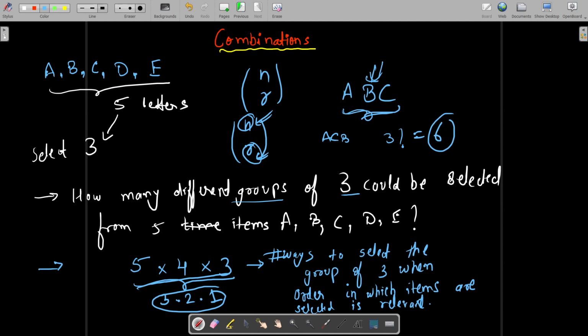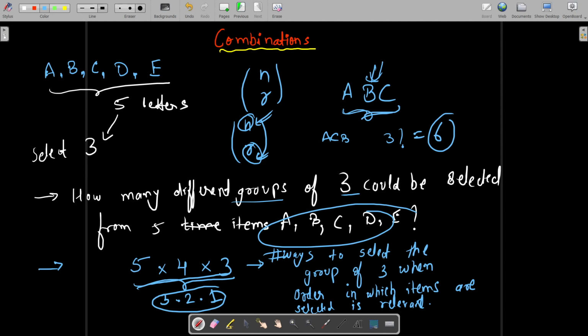So what does NCR represent? NCR represents the number of different groups of size r, here we took size 3, that can be selected from a set of size n, when the order of selection is not relevant. It doesn't matter whether we pick this item first or second, whatever. Here also the order doesn't matter, right? Then this is called NCR.